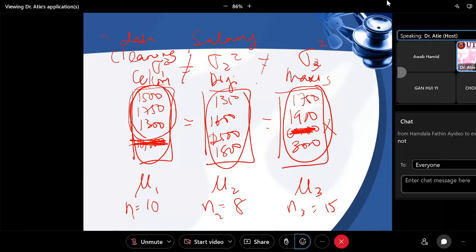If they are not equal, then it means that you cannot do ANOVA. ANOVA cannot be done because they have different variance. ANOVA can only proceed when you have equal variance. When I say the variance, they have similar salary, similar marks, or similar data, right?